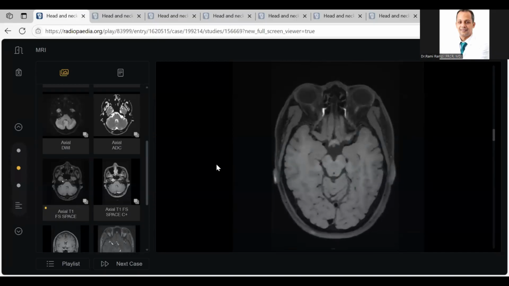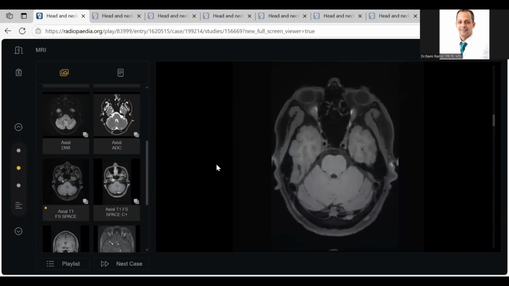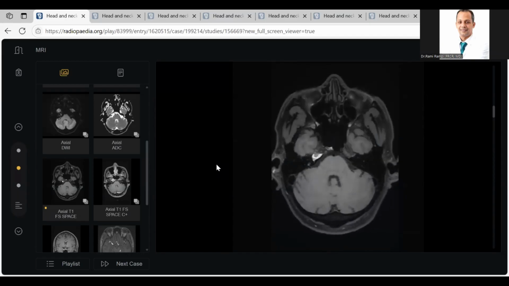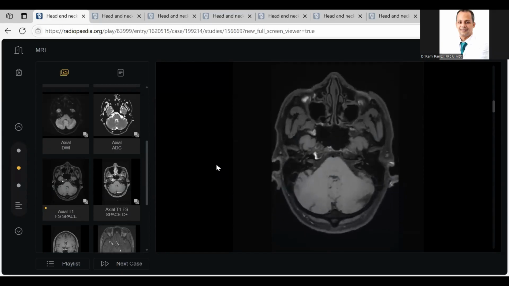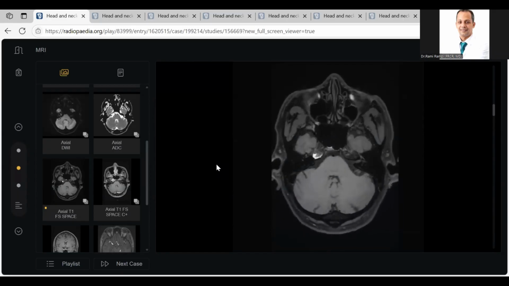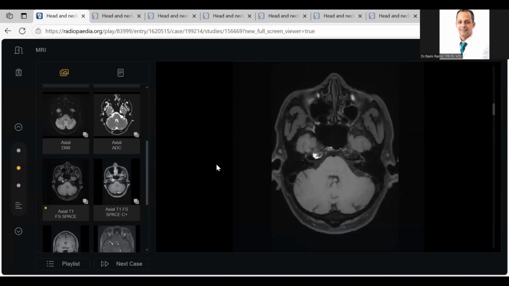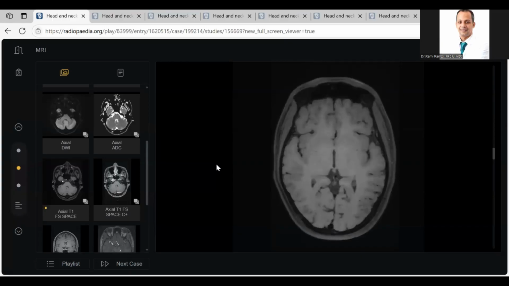What is the name of this sequence? This is the heavily, no, this is not heavy T2. This is not diffusion. This is T1 fat set. On T1 fat sat, the lesion is not suppressed and stands out as bright.